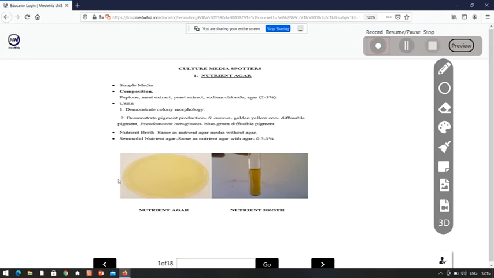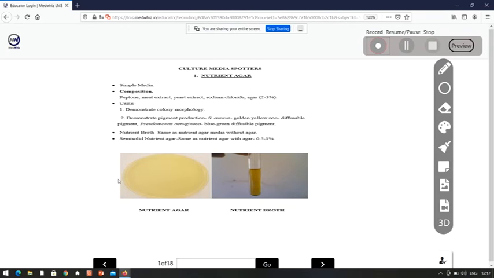Certain types of microorganisms like Staphylococcus aureus and Pseudomonas do produce certain pigments, which can be demonstrated by using nutrient agar medium. Staphylococcus aureus usually produces golden yellow colored colonies, that is, golden yellow pigment colonies, which are non-diffusible pigment.